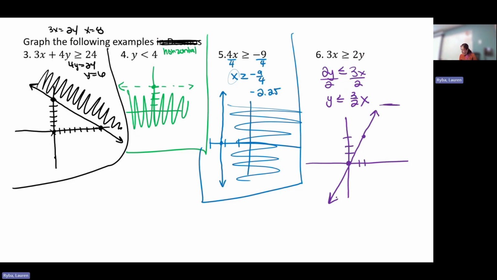And then we want less than, so I'm going to go underneath. Questions on any of those so far?